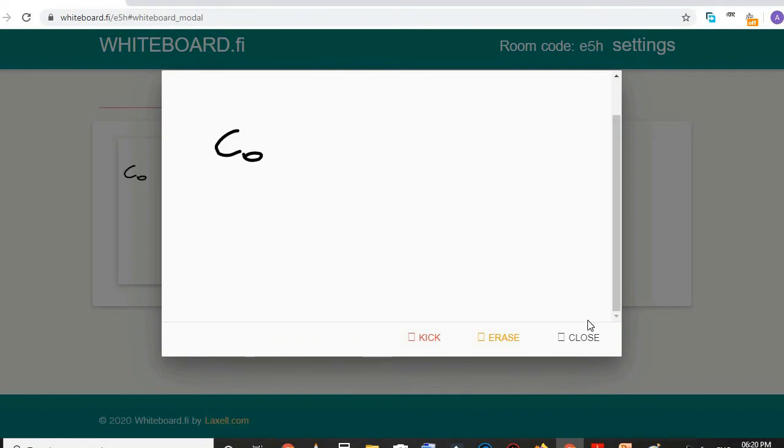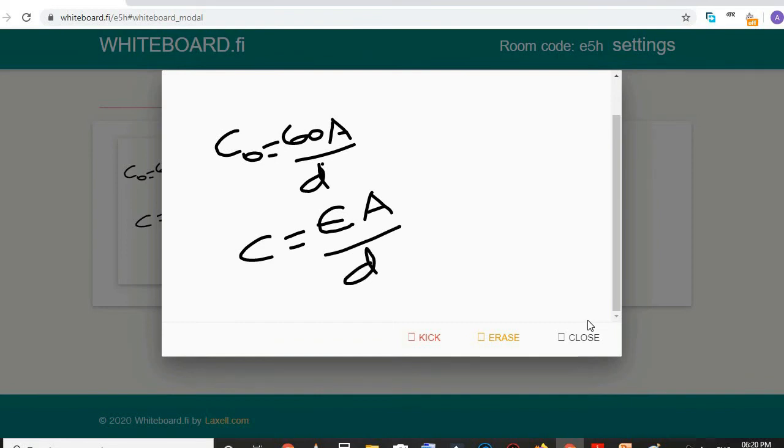C0 is equal to epsilon 0 A divided by D. C is equal to epsilon A divided by D. Thus, if we do C by C0, D and D will cancel, A and A will cancel, we will get epsilon divided by epsilon 0.